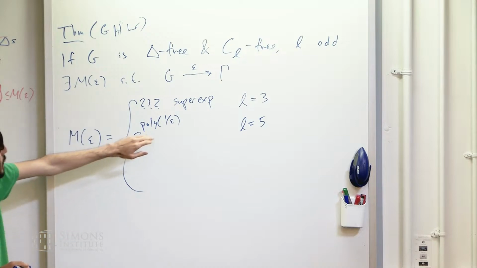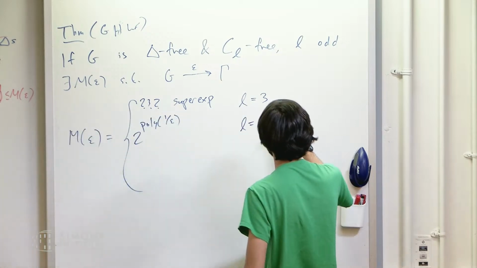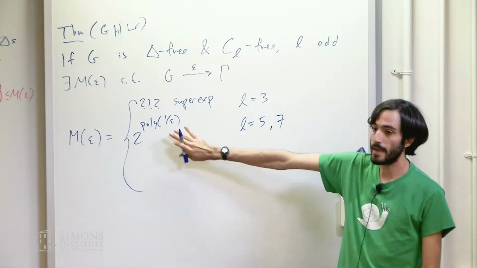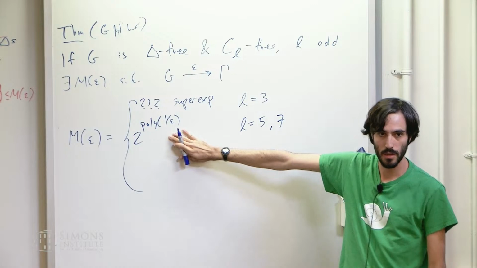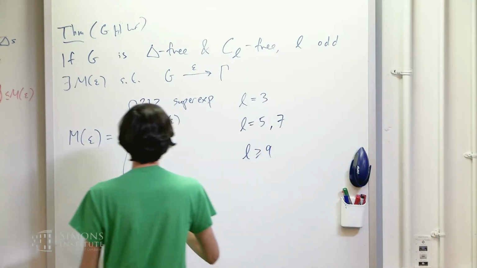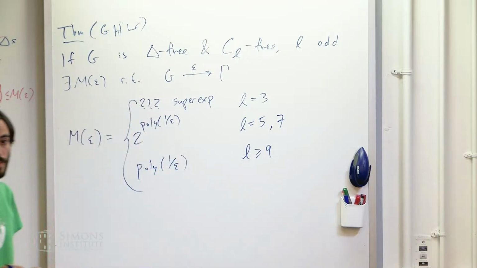That's if I tell you it's C5-free as well as triangle-free. If it's triangle-free and C7-free, again the answer is exponential. But if I tell you that it's triangle-free and C9-free, then the answer is polynomial. And that holds for all lengths 9 and above.